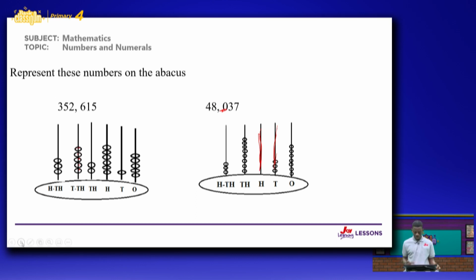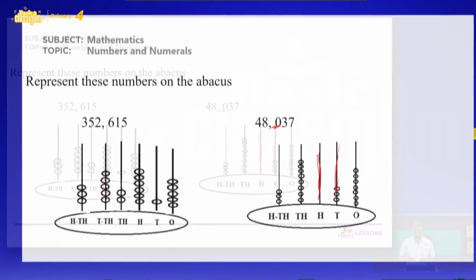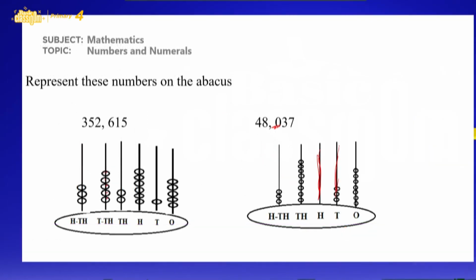Good. I hope you can see what is being displayed on your screen. We have 7 counters on ones, 3 counters on tens. We don't have any counters on the hundreds because that digit is 0. Then we have 8 on the thousands, and then 4 on the tens of thousands.